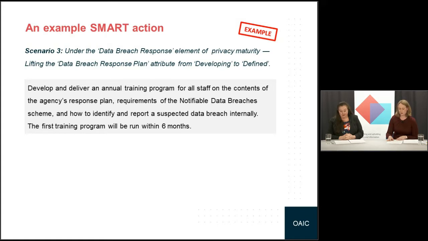The first training program will run within 6 months. On reading this action, this would be considered SMART, again, because it meets the criteria of being specific, measurable, attainable, realistic, and timely.